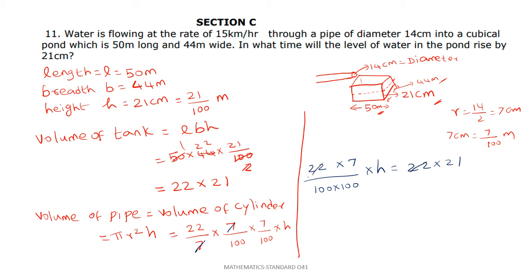So 22 will get cancelled. H will be 21 multiplied by 100 times 100 divided by 7. So this is 3, 1, 2, 3, 4. So this is the height which is in meter.